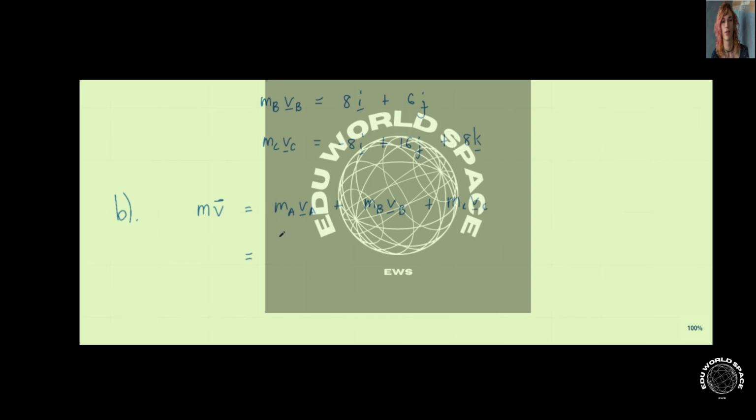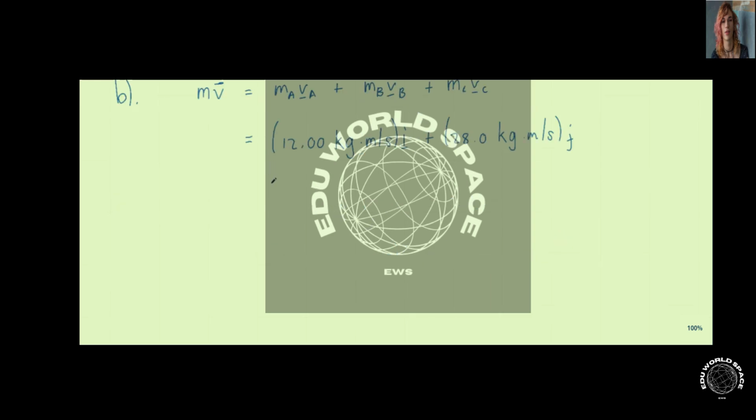And we get the linear momentum to be 12 kg meter per second i plus 28 kg meter per second j plus 14 kg meter per second k. And that's the linear momentum of the entire system.